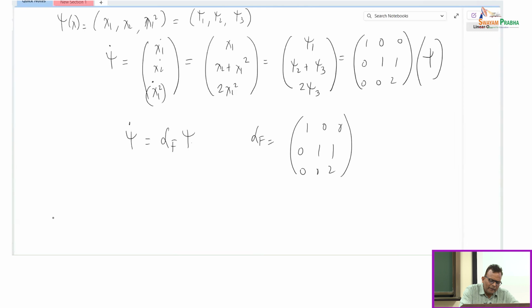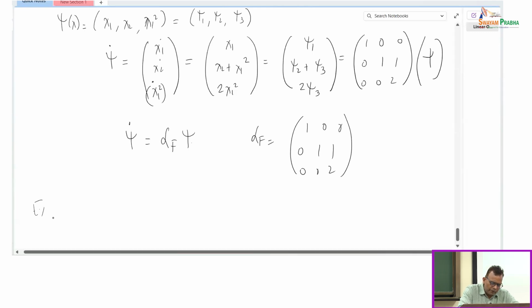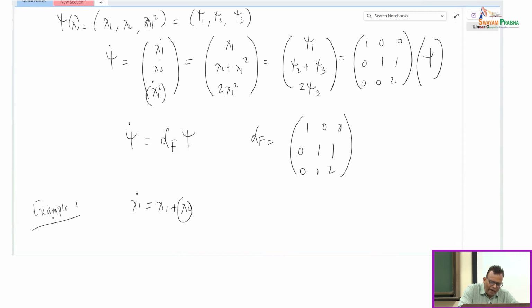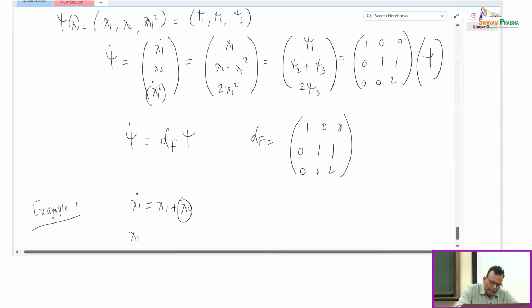For example, if I just make a small change in the system, let me call this example 2. So x1 dot equals x1 plus x2. What I did is I added this x2 term, and I keep the second equation the same: x2 dot equals x2 plus x1 square. Now you see, the same basis may not work, right?